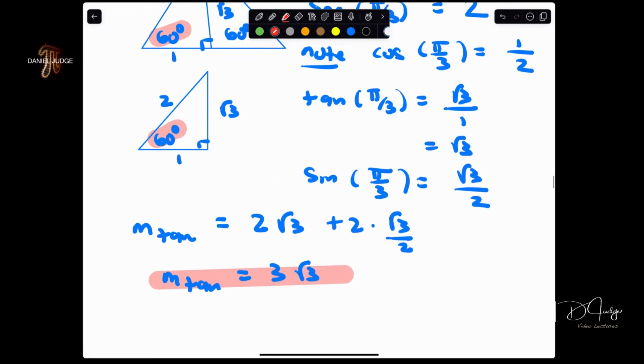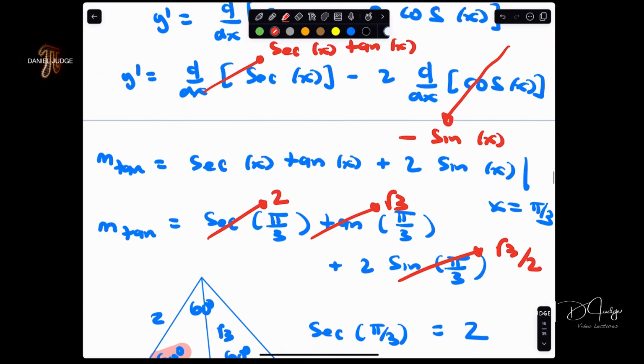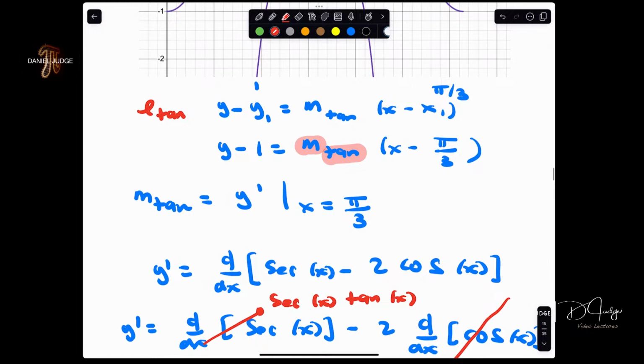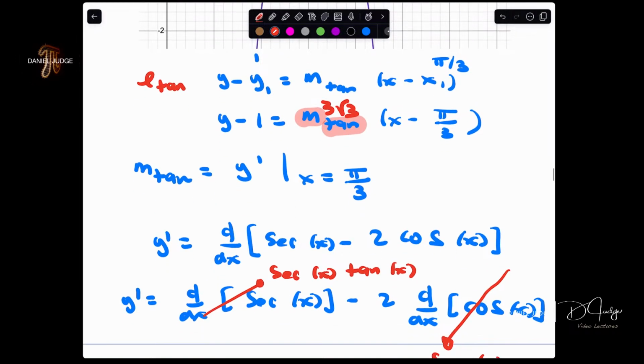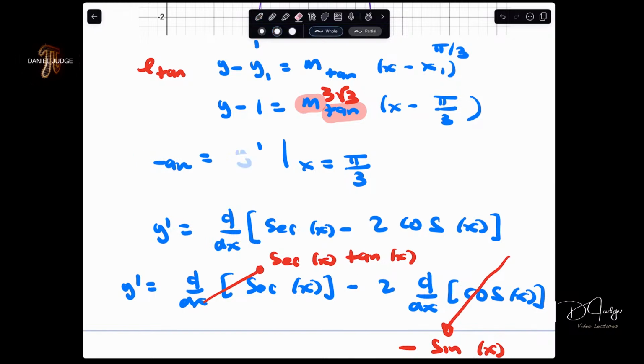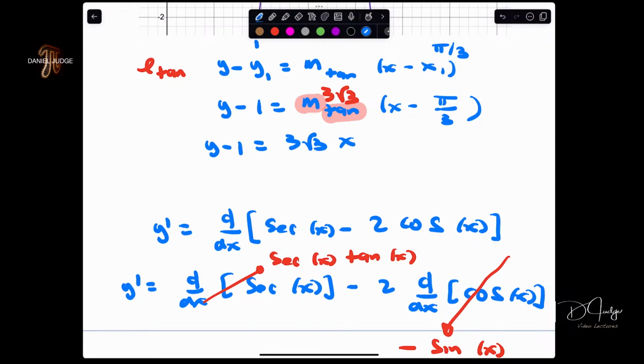Okay. All right. Now 3 square root of 3. So that means 3 square root of 3 here. All right. I'm going to erase a little here. Didn't do that before, but you have that in the video. So y minus 1 is 3 square root of 3x minus 3.